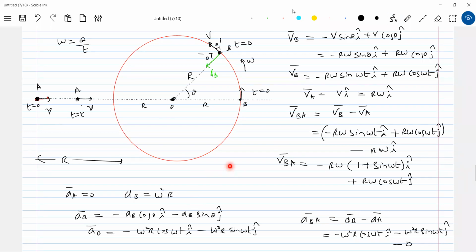How to get the angular velocity of B with respect to A? Then what you should do, you should draw a line joining B and A. Things will be a little bit difficult here. From the mathematics, because in time t this will cover a distance Vt, so this will be R minus Vt. This is R, this is R. Then get this length.